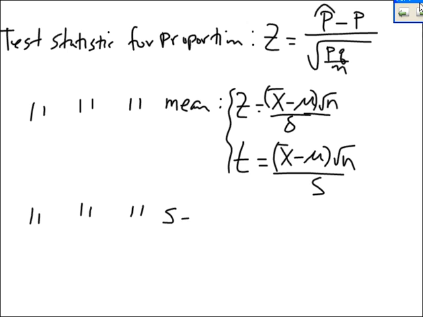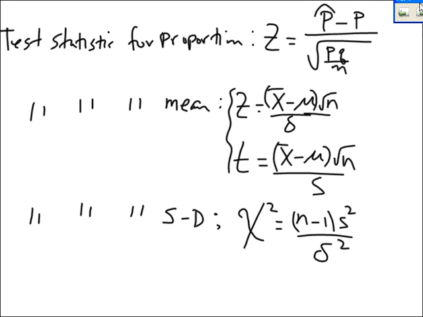The test statistic for the standard deviation. It's a new one. It's chi-squared, which is n minus 1 times the standard deviation of the sample divided by the standard deviation of the population. But both of these get squared. Okay, and that finishes up this section, basics of hypothesis testing.